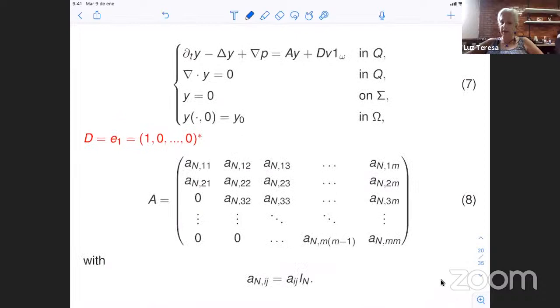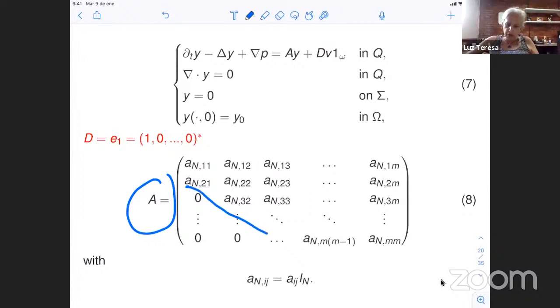So recall that we are working with m Navier or Navier-Stokes or Stokes equations, and we want only to act in the first equation. Okay, so here I write the system with this very large matrix, and I am considering also a cascade system.